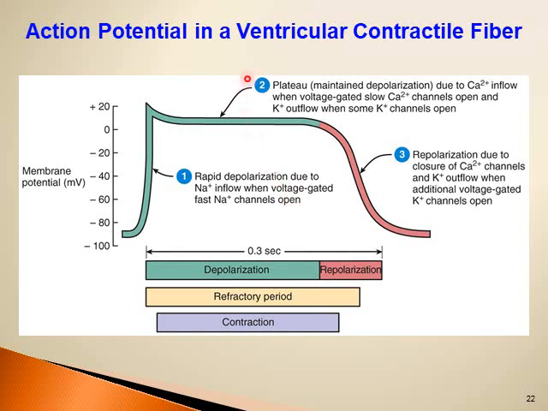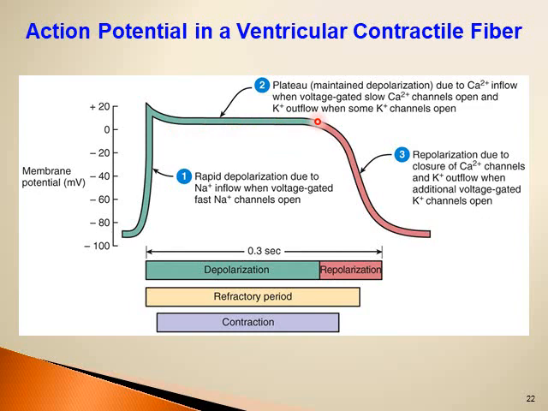Then the second phase, which is different from the neurons and skeletal muscles, is the plateau. It is maintained depolarization due to calcium influx when voltage gated slow calcium channels open, and the potassium outflow when potassium channels open. So there is a balance between sodium exit, calcium entry, so we have a plateau.